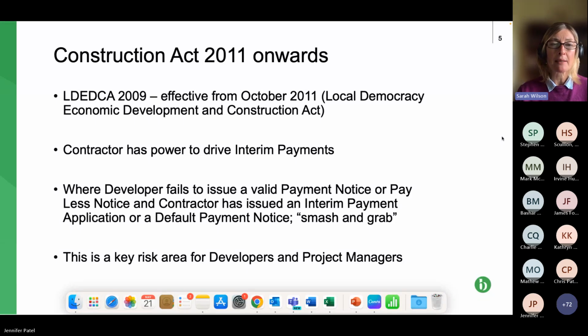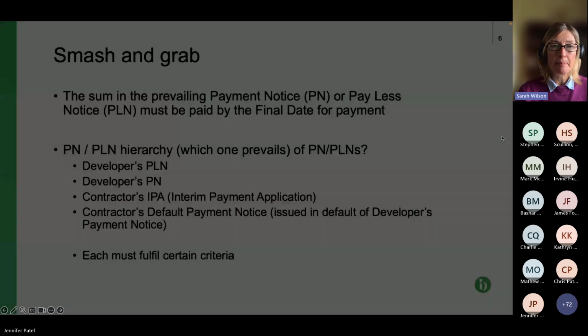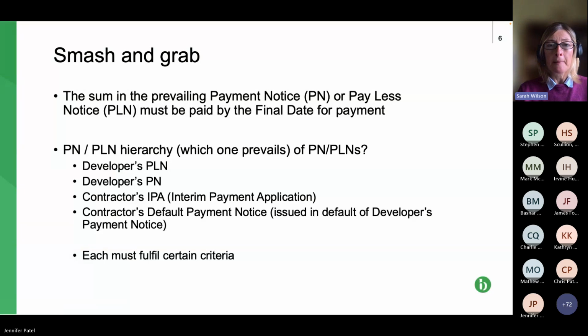So if we can move on to the next slide, please. Thanks. So how it works. We've already seen that there's an interim payment application, a payment notice, sometimes called a payment certificate, and then a pay less notice. And they typically are in that order. So which one prevails?